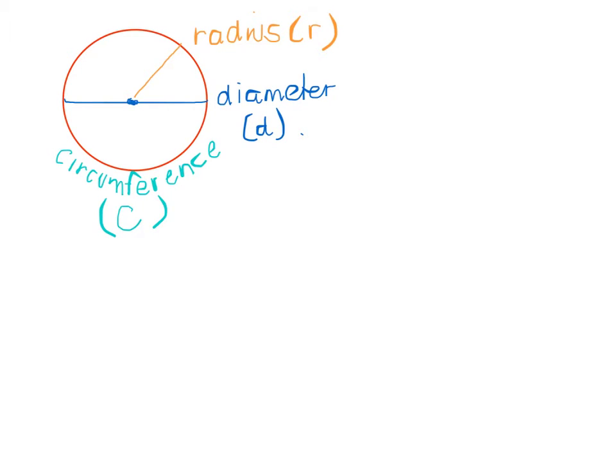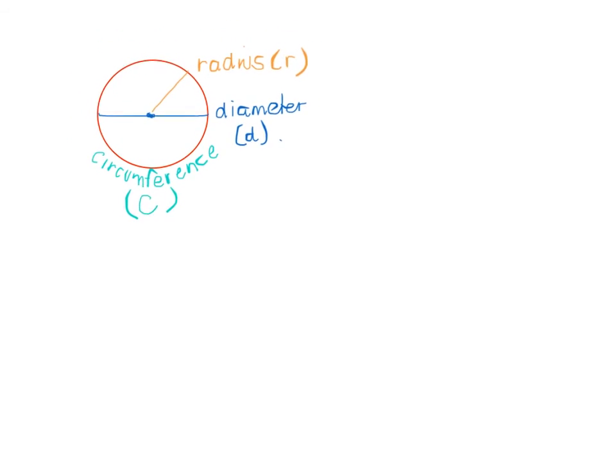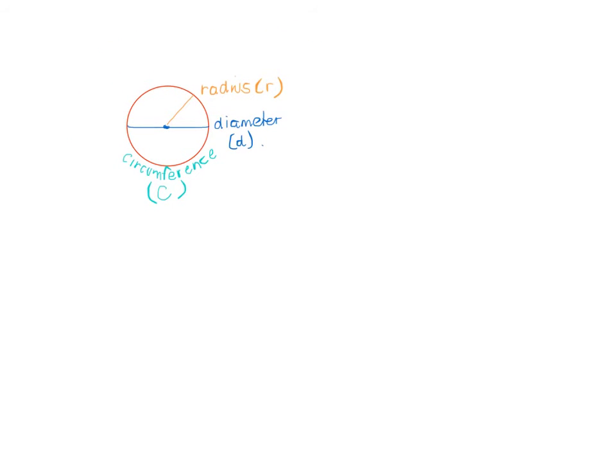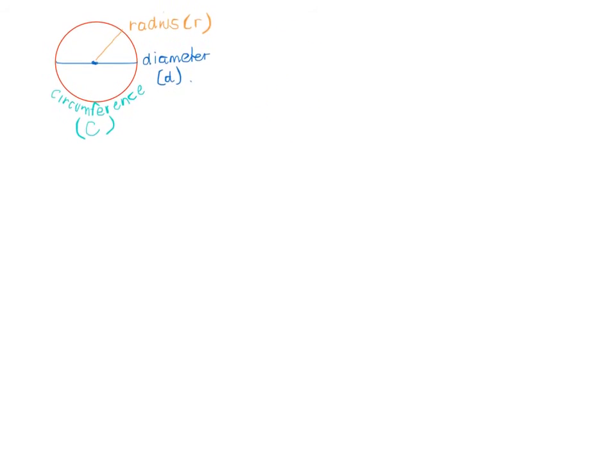Okay, so we've defined some things about that circle, so let's just make it a little bit smaller, move it out of the way. We can still see it.